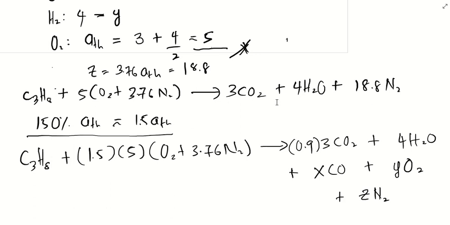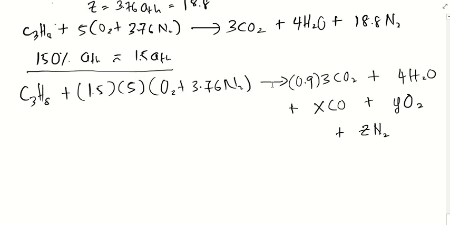So we need to find the value of X, Y, and Z. We can start with carbon. At the left hand side, carbon is 3. So this one equals to this one.